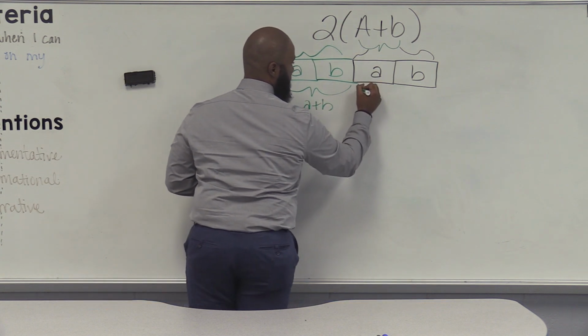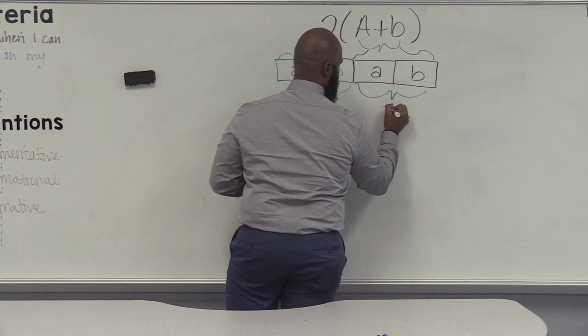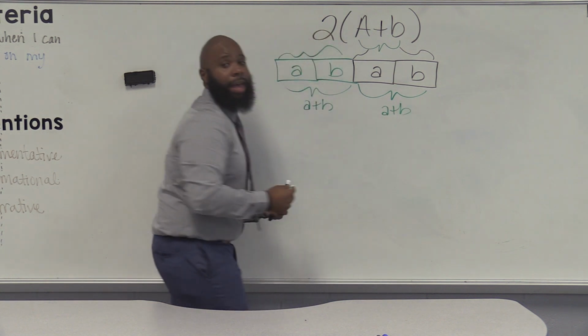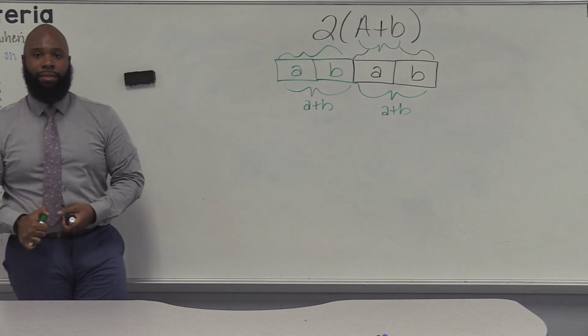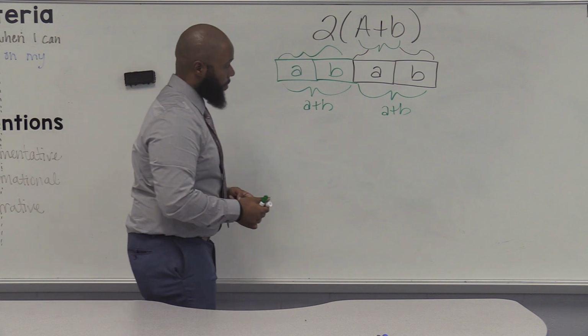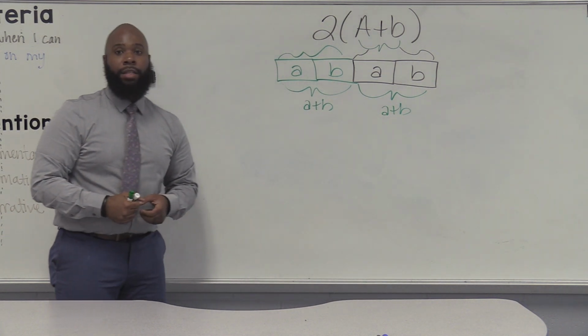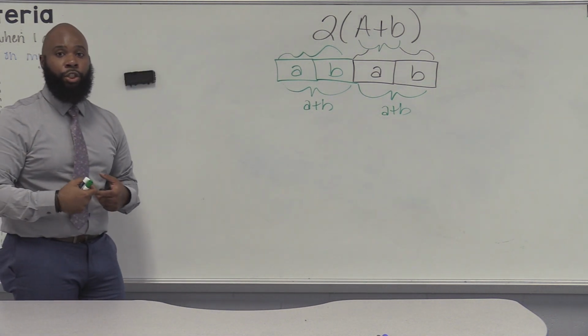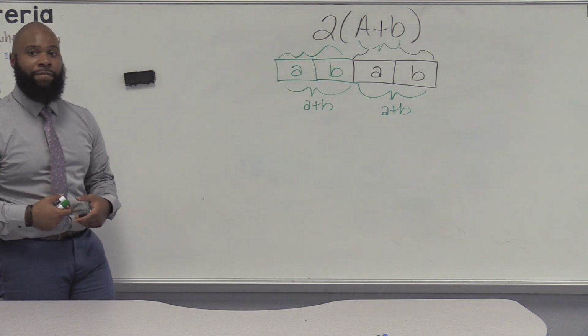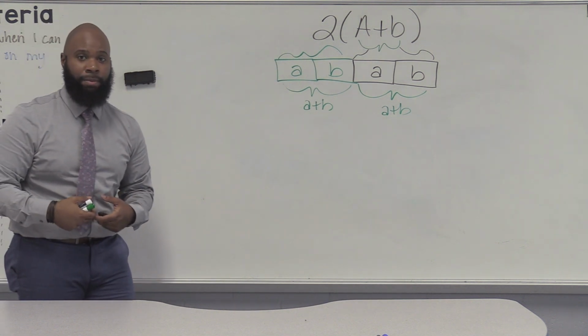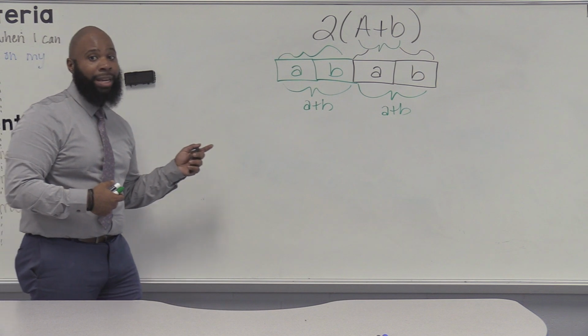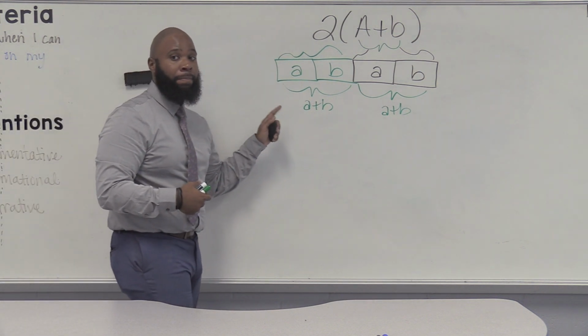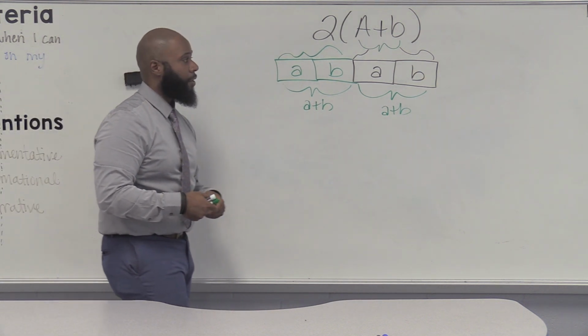So A plus B. A plus B. So the expression 2 times (A plus B) tells us that we have 2 of the A plus B's. Again, how many A's and how many B's do you see in this diagram?